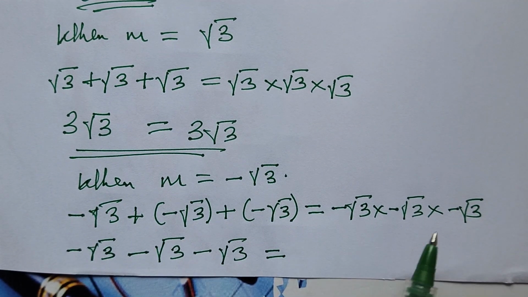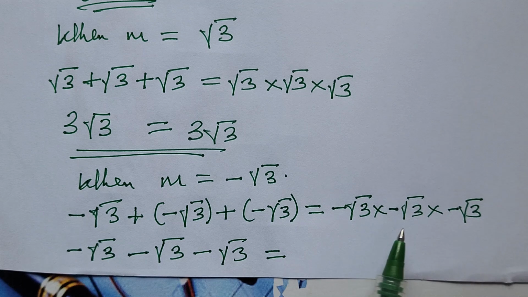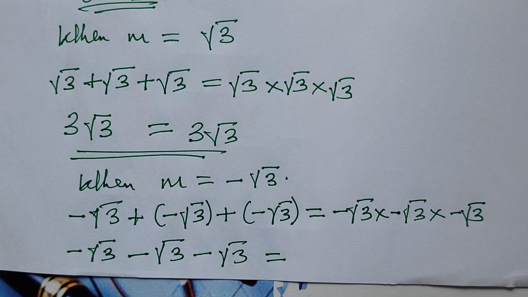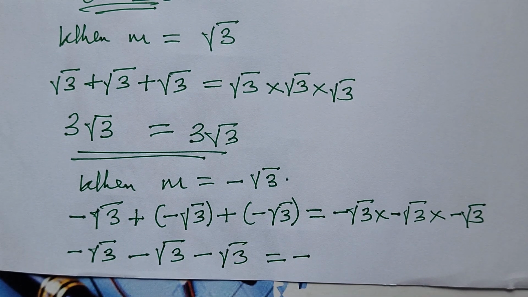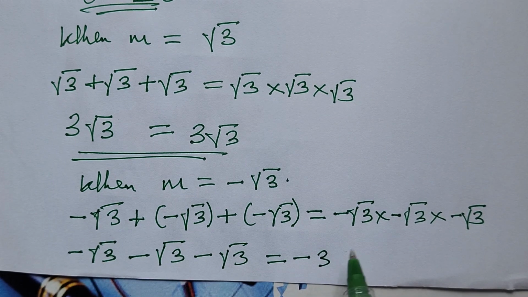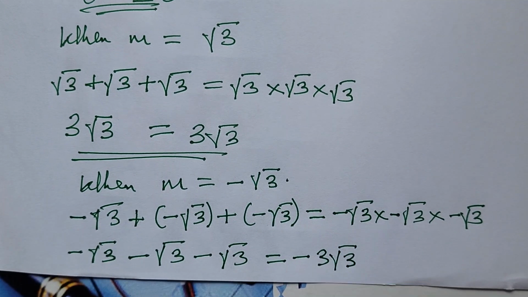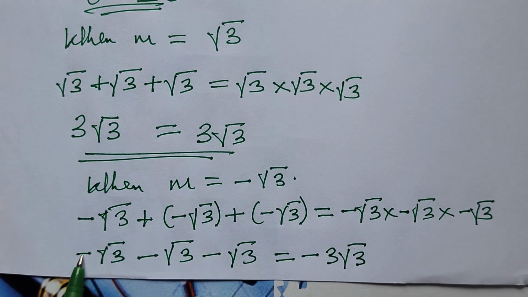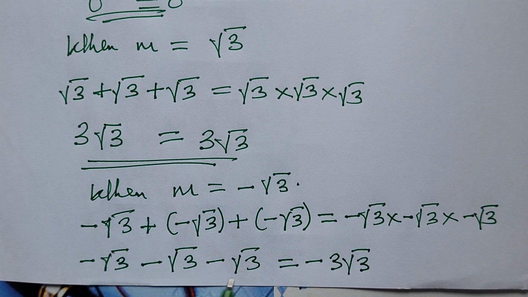Now minus root 3 times minus root 3 will give us plus root 9. Now plus times minus will give us minus. Now root 9, like we said before, is 3. So we have minus 3, the remaining bits into root 3. Now on this other side, we are having 3 of this, so this will give us minus 3 root 3.